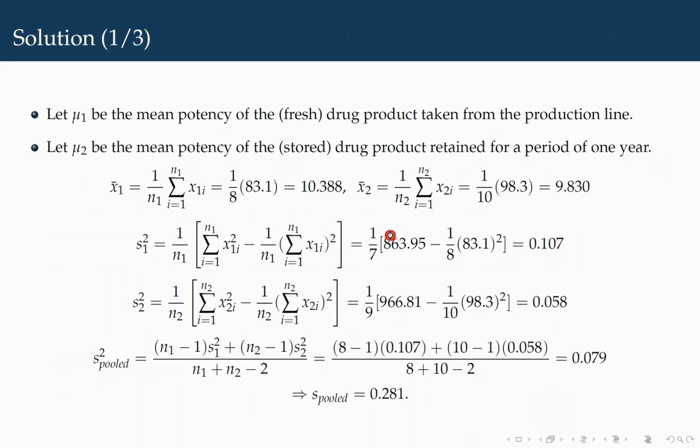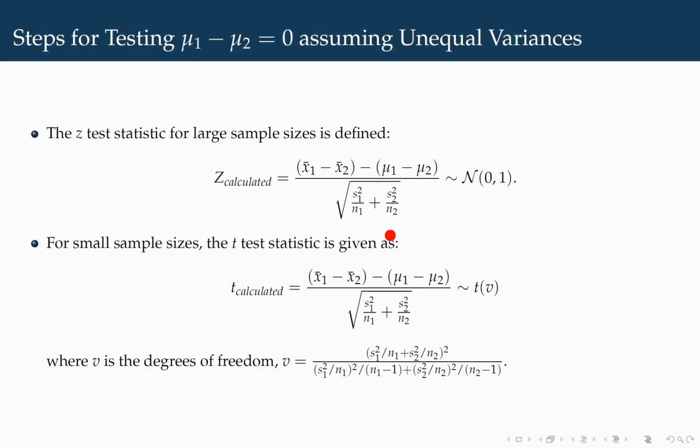But in the case of heterogeneous variances or unequal variances, the variance of each group should be estimated separately. So the variance of the first group is estimated by the sample variance of the first group. Similarly, the variance of the second group is estimated by the sample variance of the second group.